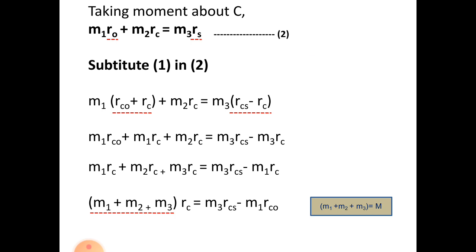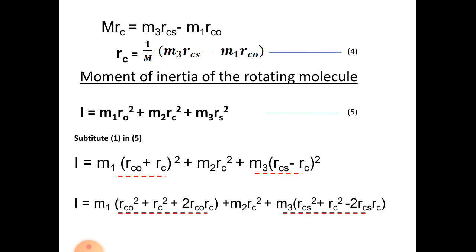Then you substitute the value of RO and RS in this equation. Then you will get M1 into RCO plus RC plus M2 RC equal to M3 into RCS minus RC. Then you expand all the terms and collect RC terms to one side and you give total mass M as M1 plus M2 plus M3. Then you find out the value of RC and give equation number 4.